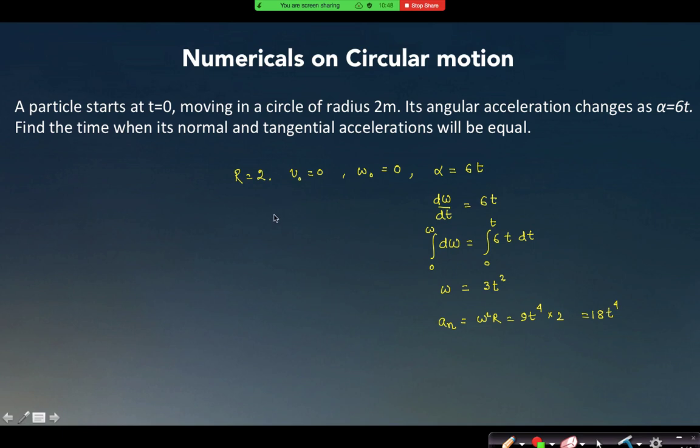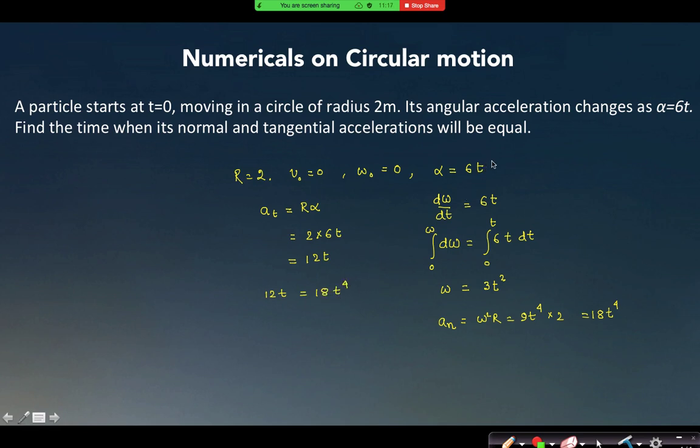And what is the tangential acceleration? Can I say it is r alpha only? Do you remember the value of tangential acceleration, r alpha? So r is 2 and alpha is 6t. So tangential acceleration is nothing but 12t. So can I say that when they are equal, 12t should be equal to 18t power 4?